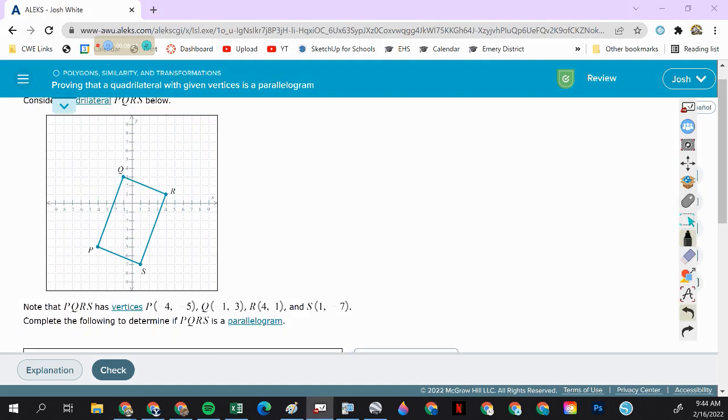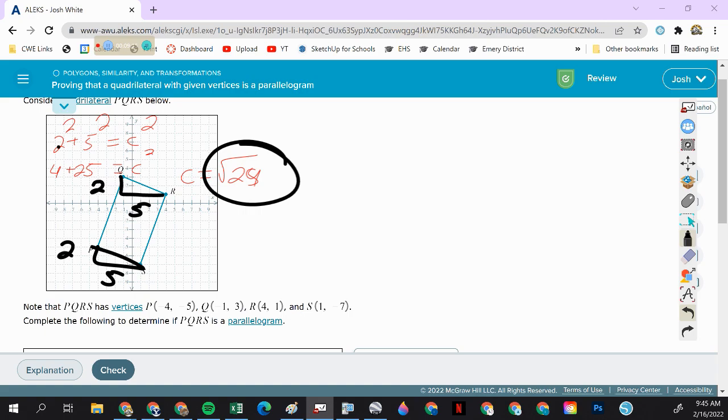So I draw a right triangle, 2 and 5. 2 squared plus 5 squared equals c squared. 2 squared is 4, 5 squared is 25. So c is equal to the square root of 29. Then I do the same thing for PS. I draw a right triangle, 2 and 5. That is also going to give me the square root of 29.